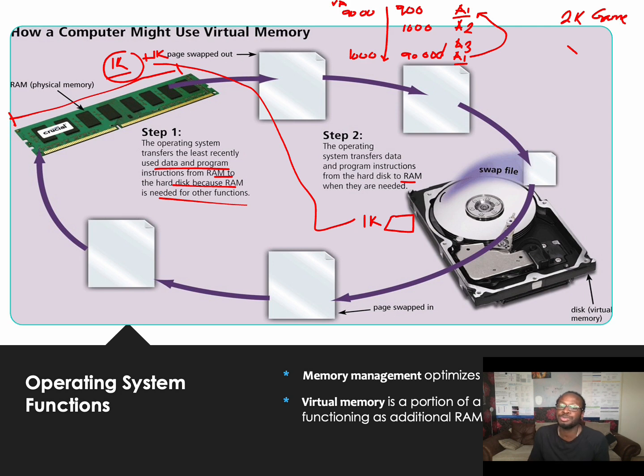But the problem with virtual memory is that RAM is faster than hard disks. Because the two are combined and have to appear as if they are running continuously together, virtual memory is a lot slower than RAM working on its own, or the hard disk working on its own, because we have to have some interpretation of the address, the same way we do with the virtual addressing system.